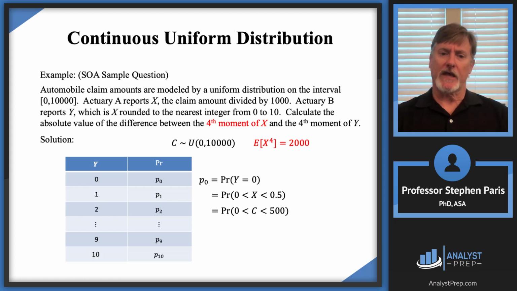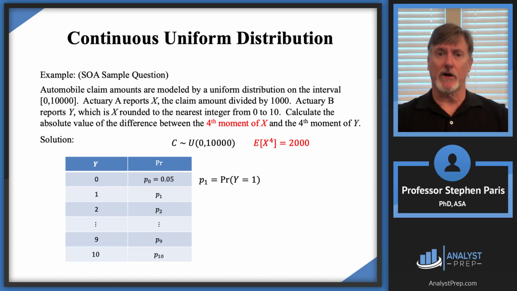And so the calculation for this probability will be a fraction. In the denominator, I'm going to have the length of the interval that defines cap C, which is 10,000. And in the numerator, I look at the event, and the event is that cap C is between 0 and 500, and the length of that interval is 500. So I end up with 500 divided by 10,000, which is a 0.05. So p sub 0 value is a 0.05.